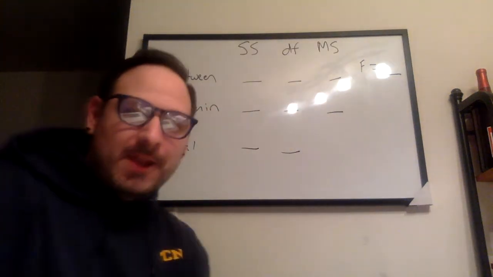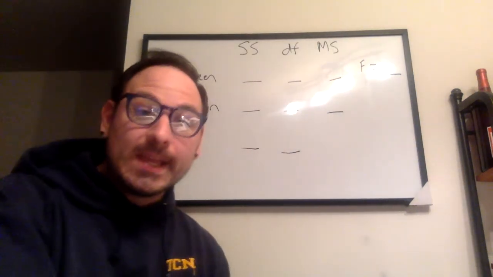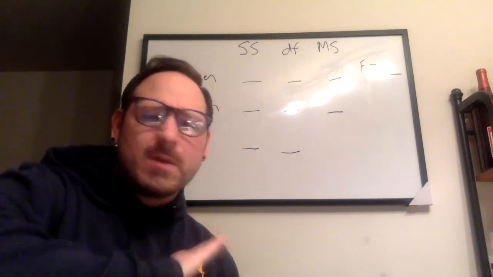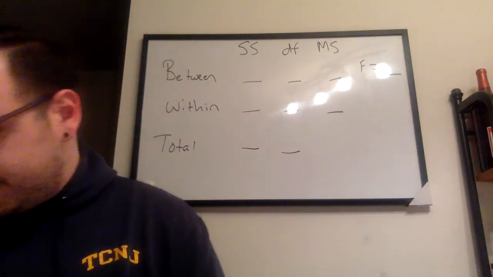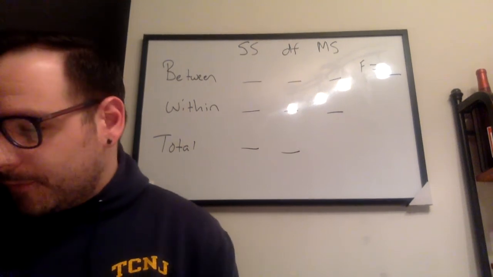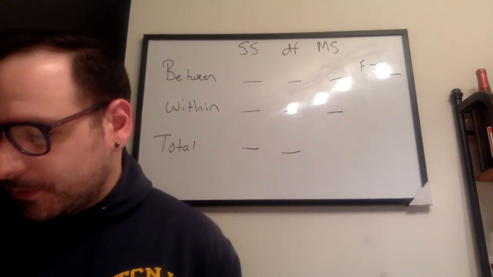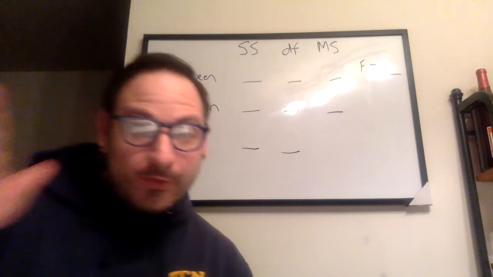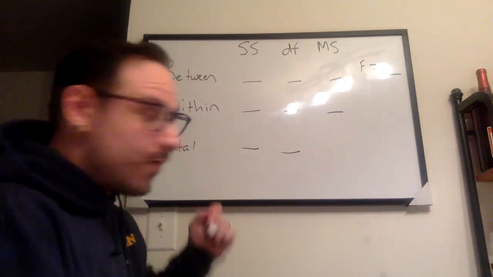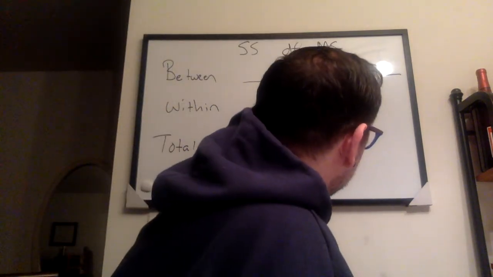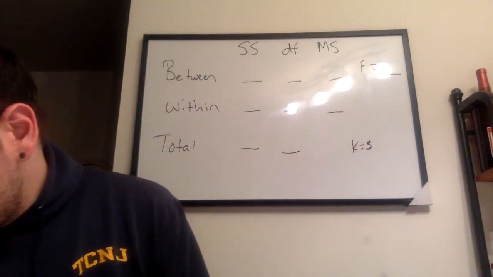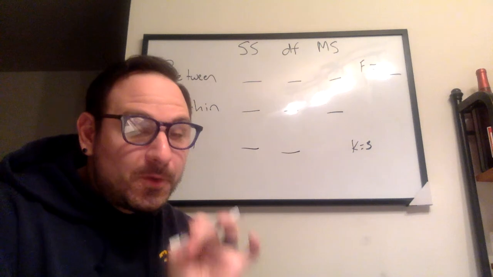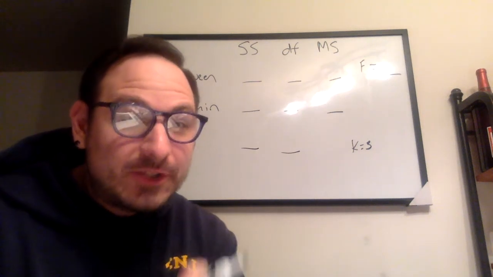Now, I could artfully choose to give you some of these numbers, and you would have no problem whatsoever filling this in just based on what I taught you. So let's try it. Number 16. The following summary table presents the results from an ANOVA comparing 3 treatment conditions, so K equals 3, with N equals 8 participants in each condition.